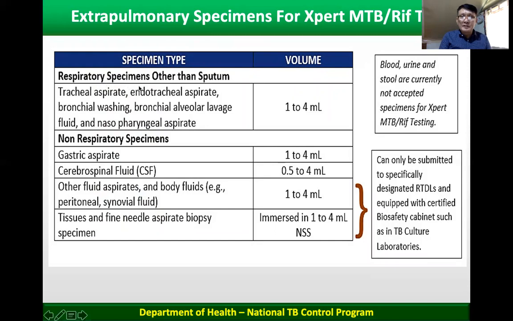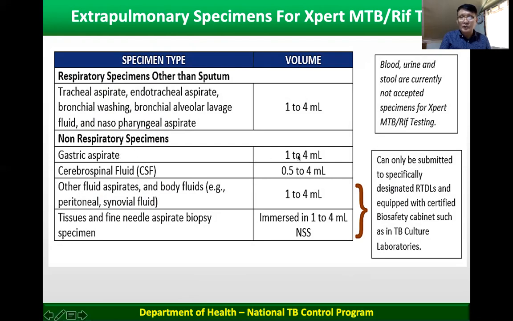For respiratory specimens other than sputum, we have the tracheal aspirate, endotracheal aspirate, bronchial washing, bronchoalveolar lavage fluid, and nasopharyngeal aspirate. So what will be the volume? At least 1 ml to 4 ml. Now there are also non-respiratory specimens, such as the gastric aspirate.